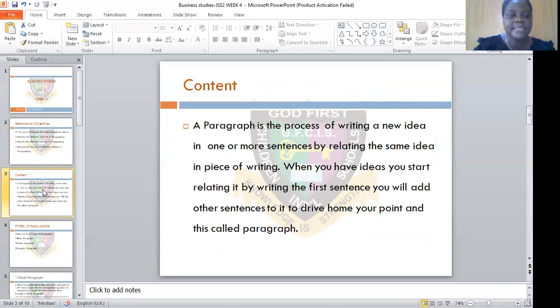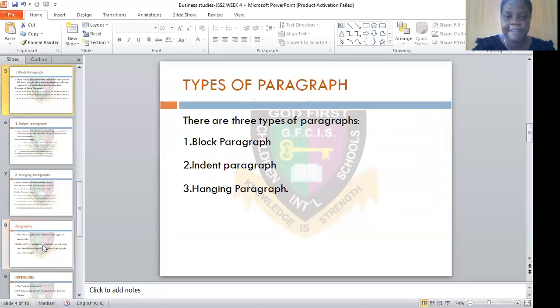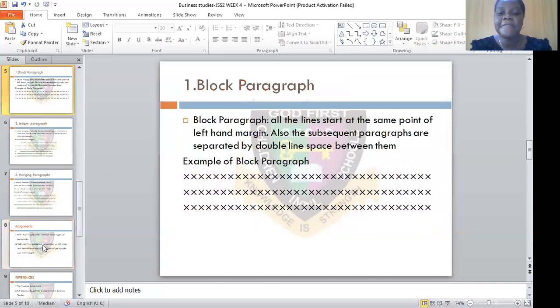Not only that, we have some types of paragraph, which are block paragraph, indent paragraph, then hanging paragraph. Block paragraph, all the lines start at the same point from the left margin, and that's how you're going to write all the paragraphs.